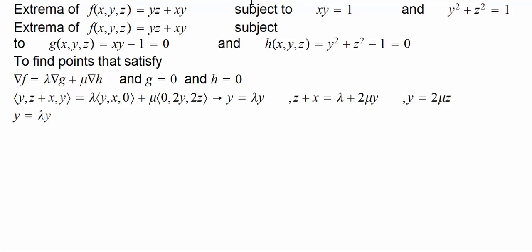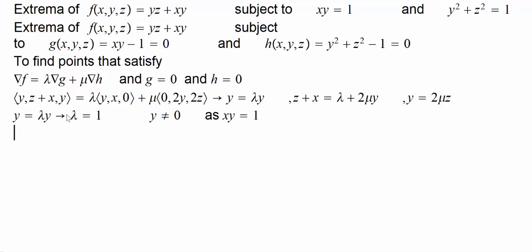This will give us lambda equals 1, simply because y can't be 0, as xy equals 1. I had said it, but still I'm writing it, just bear with me. So we have lambda equals 1.